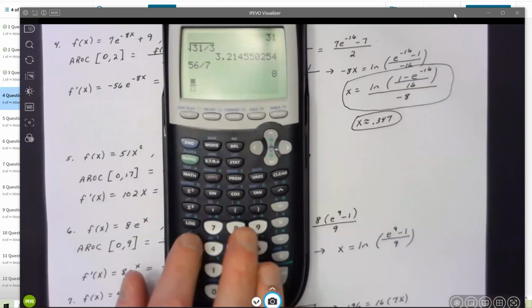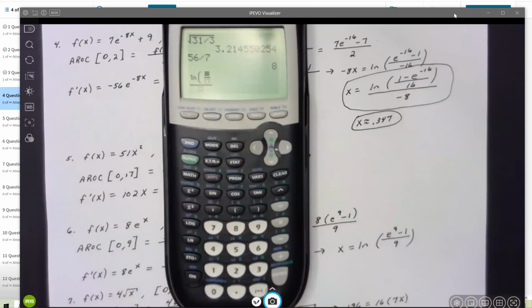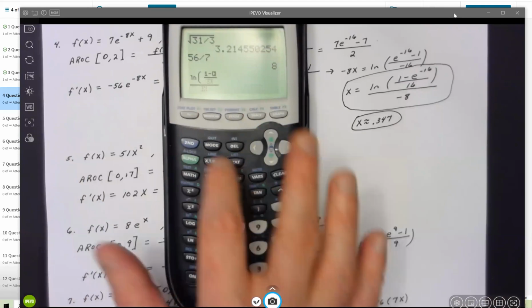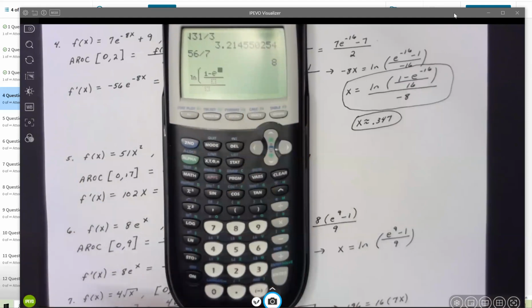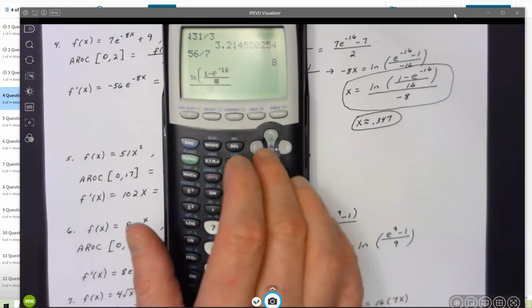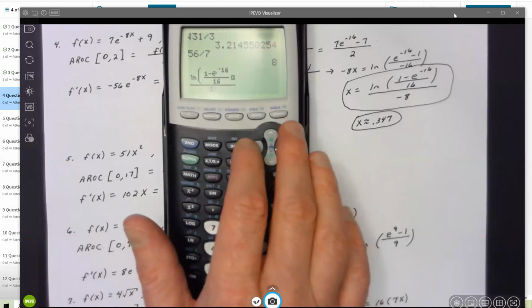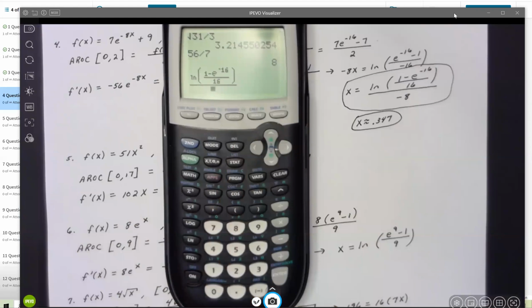Then you're going to have the natural log of a fraction in your numerator, and my numerator of that fraction was 1 minus e to the negative 16. I'll arrow down to the denominator of that log and put my 16, and then close out my logarithm. My denominator was just a negative 8. So I'm positive this should give me the correct answer.